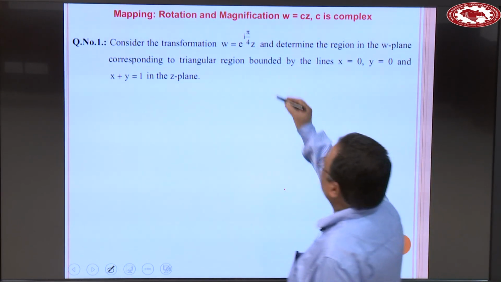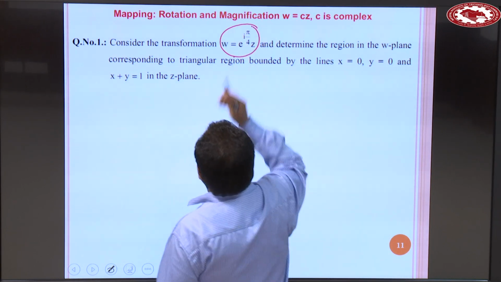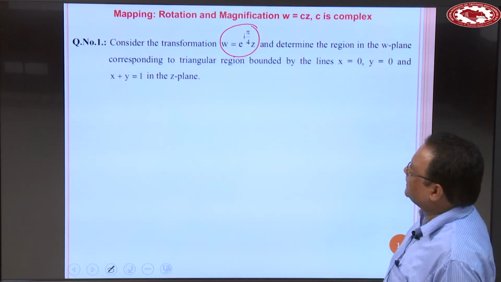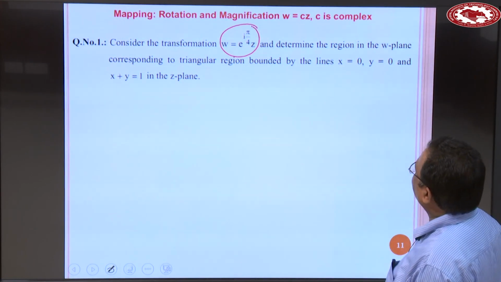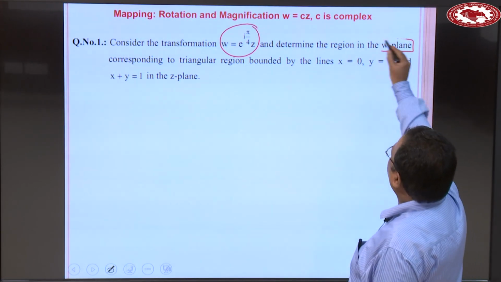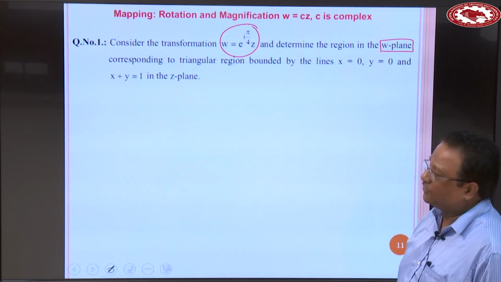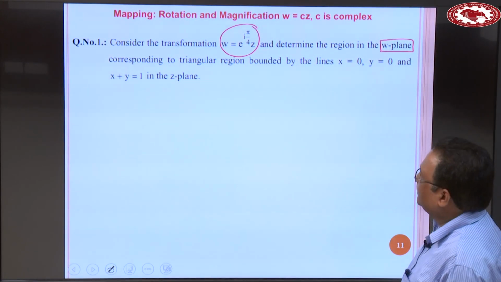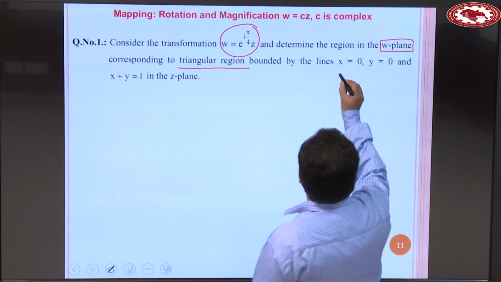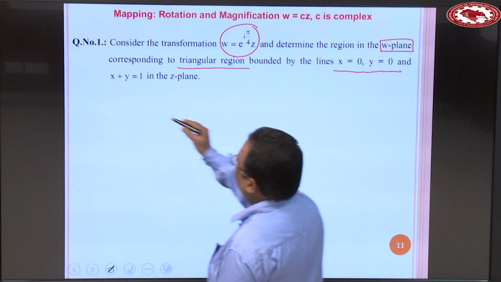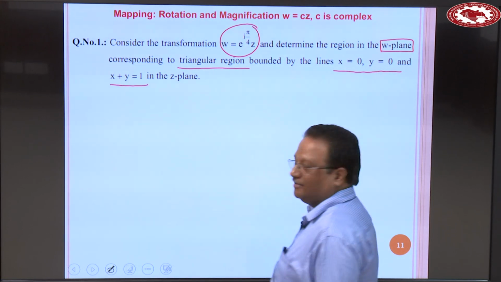Consider this type of transformation, w is equal to e raised power iota theta, where theta is pi by 4, times z, and determine the region in the w plane. You have to state the region in the w plane corresponding to this triangular region bounded by the lines x is 0, y is 0 and x plus y is equal to 1 in the z plane.